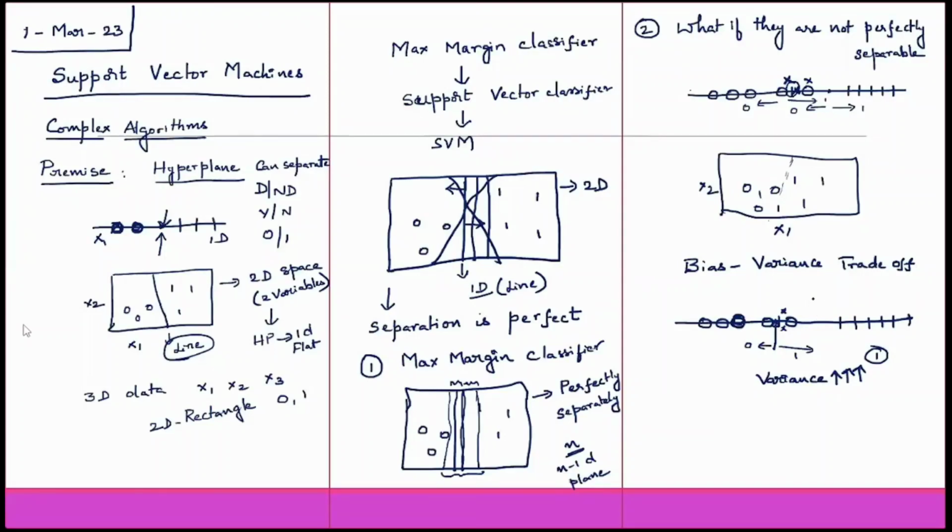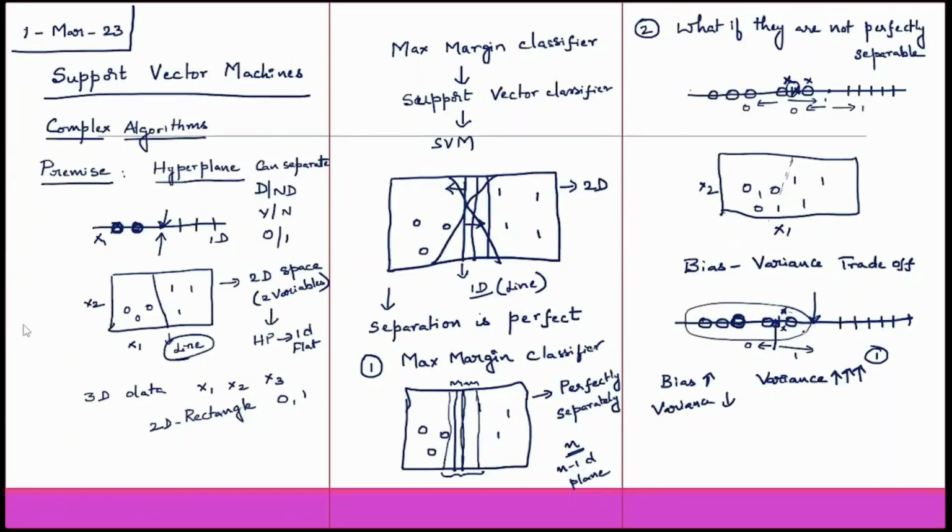But on the other side, if you have put your separator here, you can very well see that if there is an observation anywhere here, it would be classified as a 0. So here your bias is higher, but your variance is going lower, because to a large extent this group contains only zeros, and you are able to classify all of them as 0.